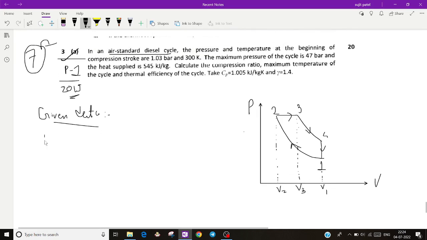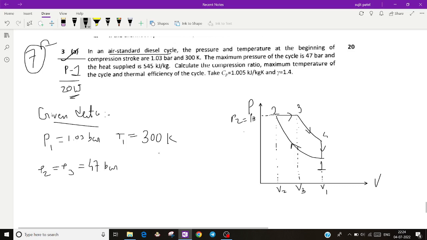The initial pressure P1 is equal to 1.03 bar and temperature T1 is equal to 300 Kelvin. The maximum pressure of the cycle, that is P2 equal to P3, because constant pressure heat addition takes place in the diesel cycle, is 47 bar.